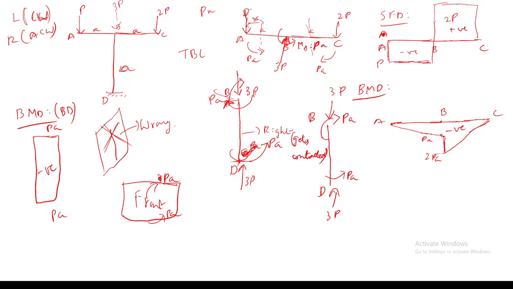For example, here 3P is towards the upward direction, so here I have taken it in the downward direction. And also here you could see the bending moment when you are seeing from the front, it will be in the anti-clockwise direction. So here I have taken it in the clockwise direction for BD.